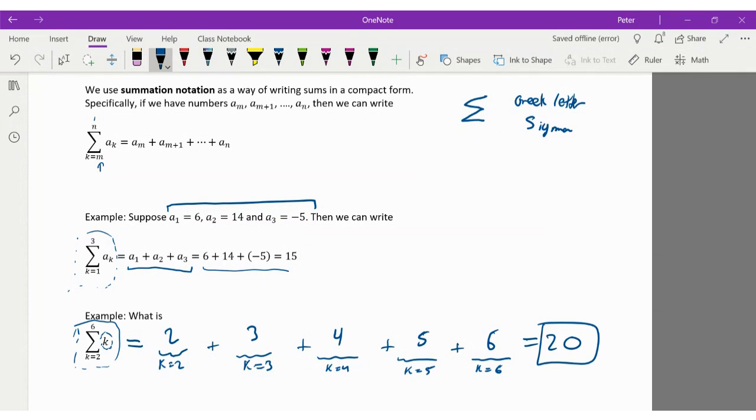Okay. Any questions about this? With decimals, you mean like where the index is a decimal, right? No. One feature of this notation is that you're always dealing with integers.